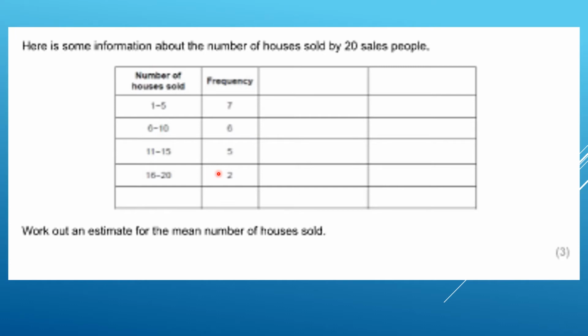So something like this could be a normal frequency table, which does change the method in which to work out the mean. Clues that it is a grouped frequency table are in this first column. So we've got a group. Number of houses sold, group is from 1 to 5. So in those numbers, there's 5 numbers which occur.